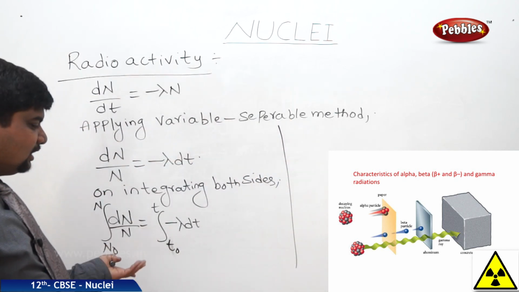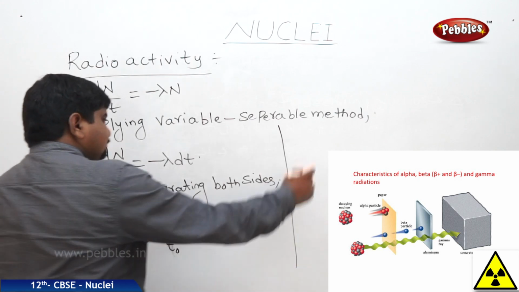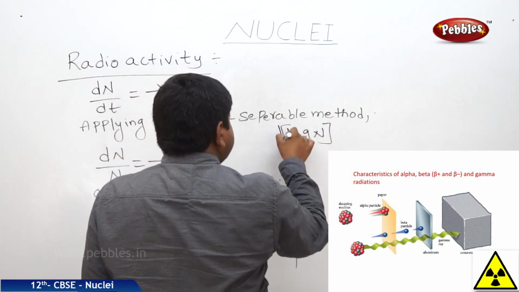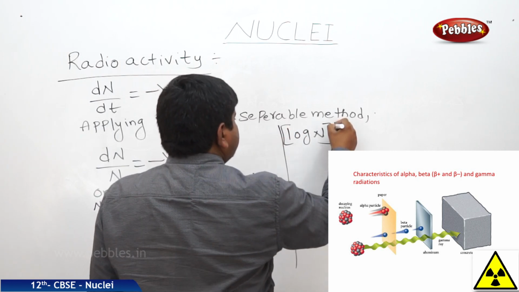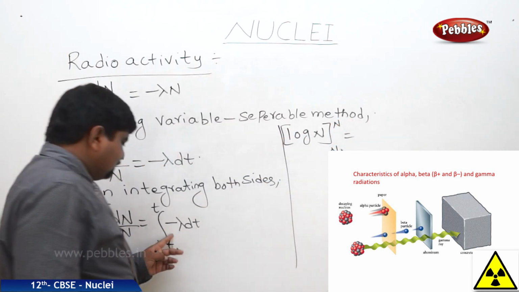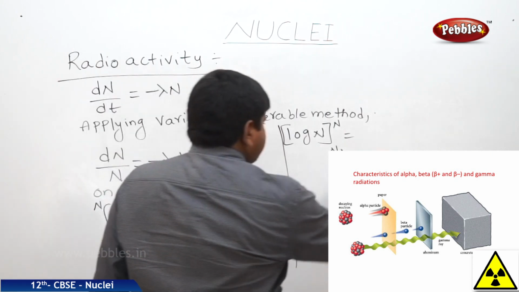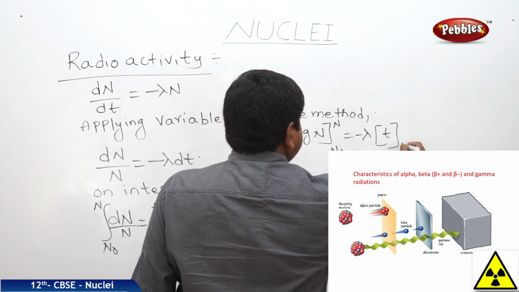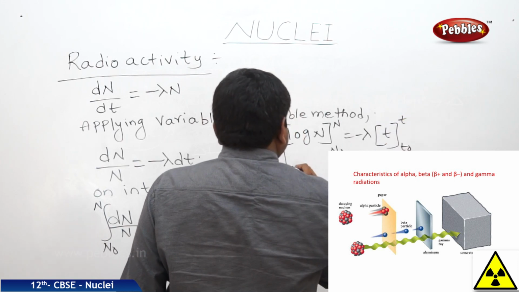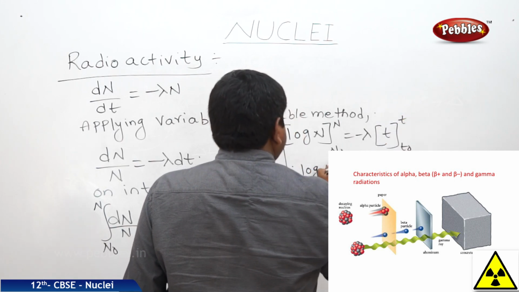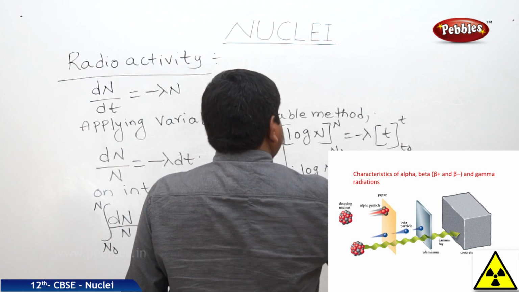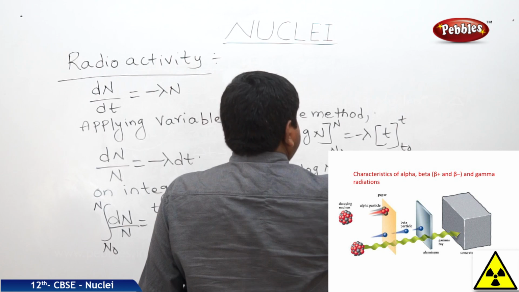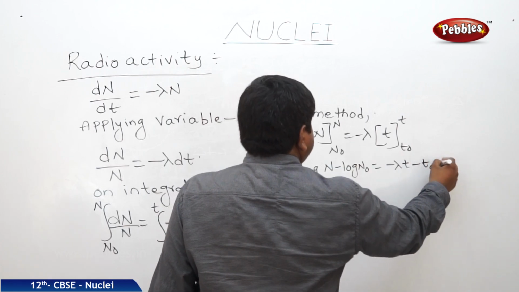In place of this we can write log N, within the limits N naught to N, is equal to minus lambda t within the limits t naught to t. So log N minus log N naught is equal to minus lambda into t minus t naught.